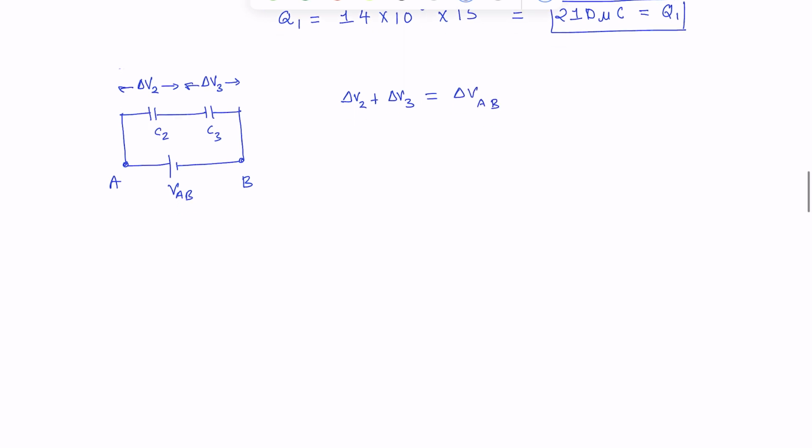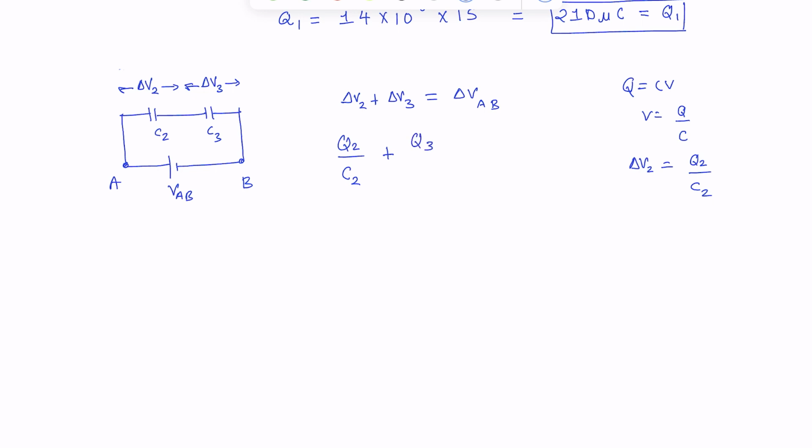This is really important. Now I use again the equation Q equals CV, or V equals Q over C. So delta V2 will be the charge Q2 divided by C2, plus, the same way, the charge on C3 divided by C3, and delta V we already know is 15 volts.